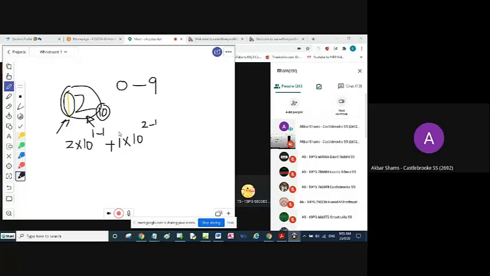It's always the position number minus 1. So 10 exponent 0 is 1, so I get 2, plus 10 exponent 2 minus 1 is 1, and 10 exponent 1 is 10, so I get 12, which is exactly the same thing as 12 here.